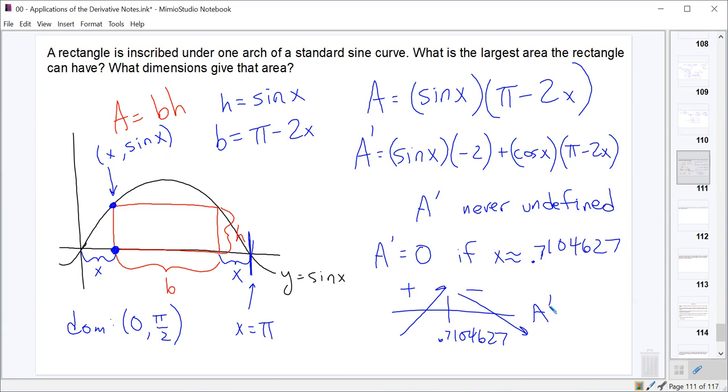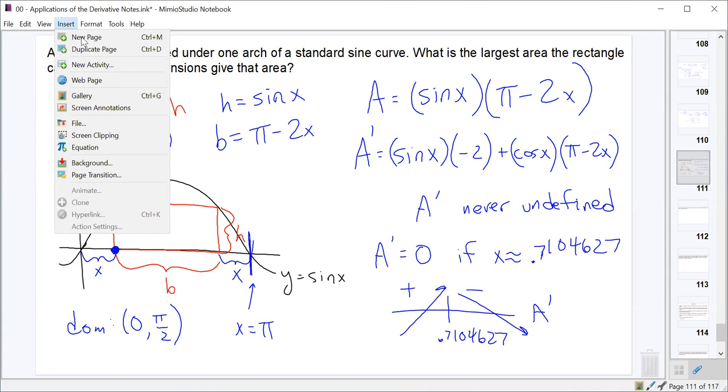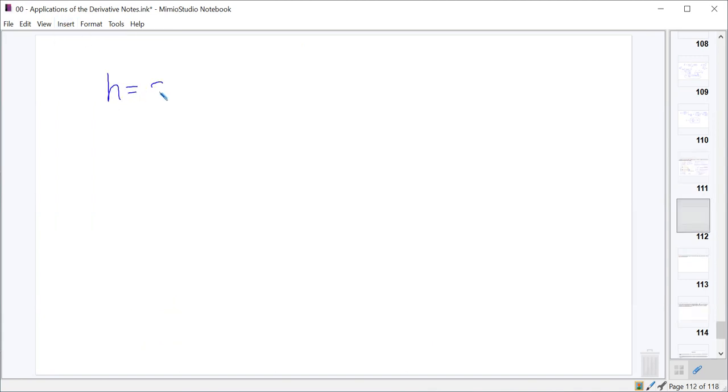We're just going to use this x value that we've already got, 0.710462. And our height will be the sine of that number, 0.710462.